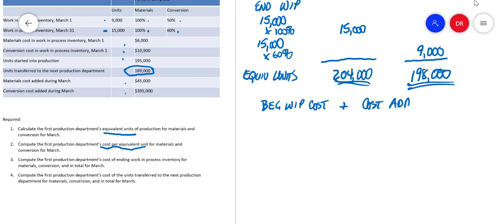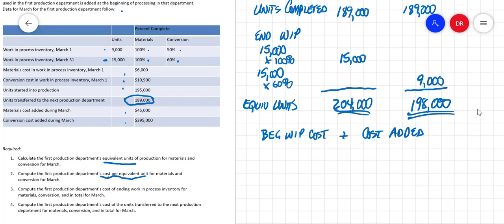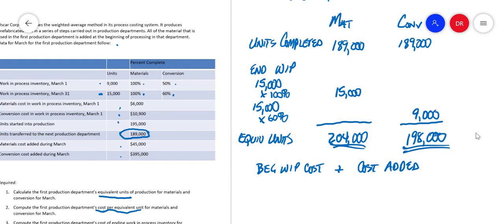Now this is because when we do the units up here, because we're focusing on units completed and transferred, we are assuming that that includes the beginning work in process in those units, so that we're basically averaging those with those previous units.